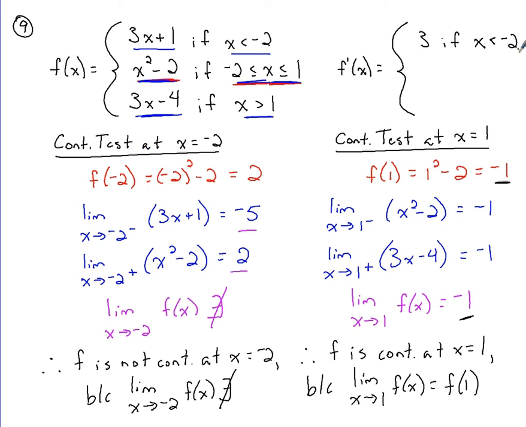Take the derivative of the second piece, x squared minus 2, so that's going to be 2x if -2 is less than or equal to x is less than or equal to 1. And then looking at that last piece, derivative there is 3. So it would be 3 if x is greater than 1.